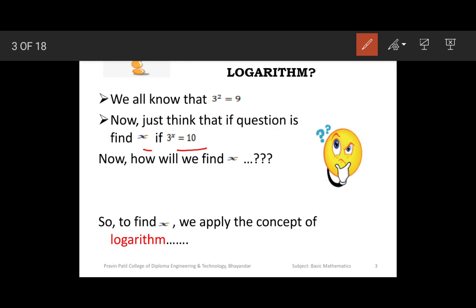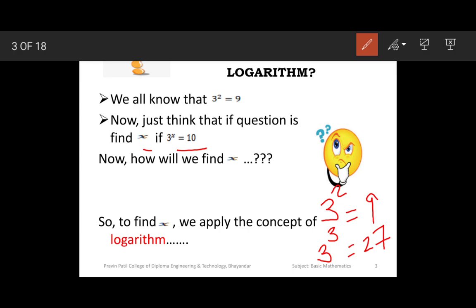Now class, we all know that 3 square is equal to 9 and 3 cube is equal to 27. Now the value is 10, so 10 lies between 9 and 27. So x will definitely lie between 2 and 3.